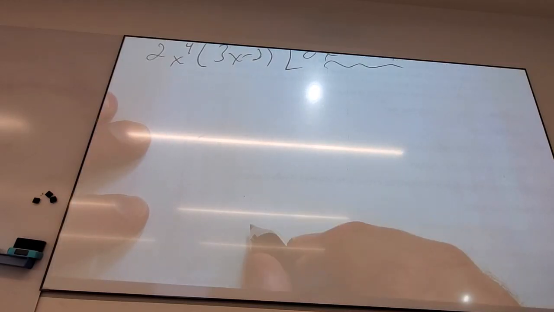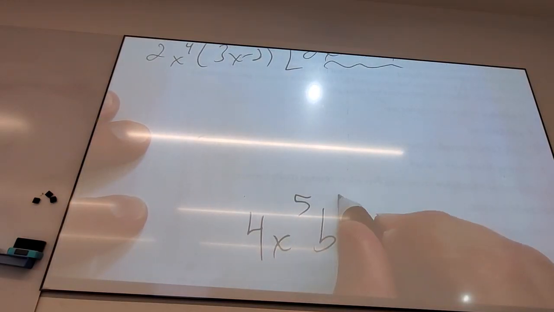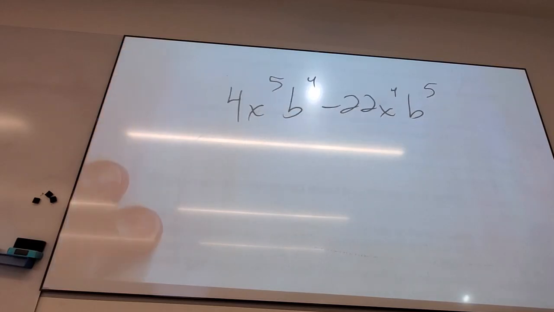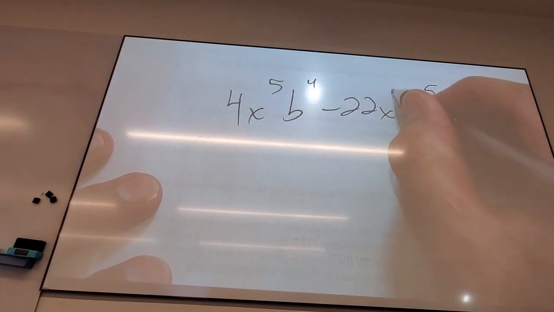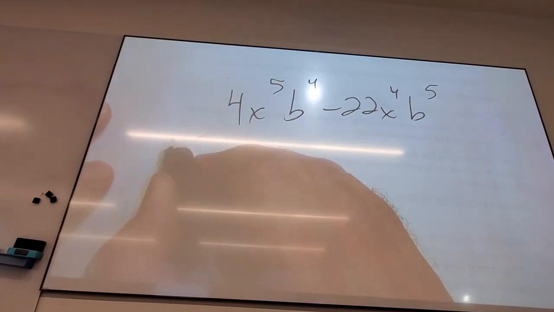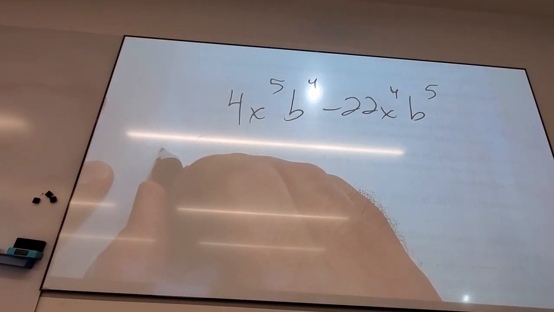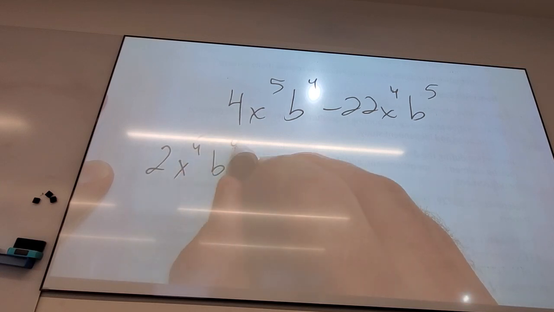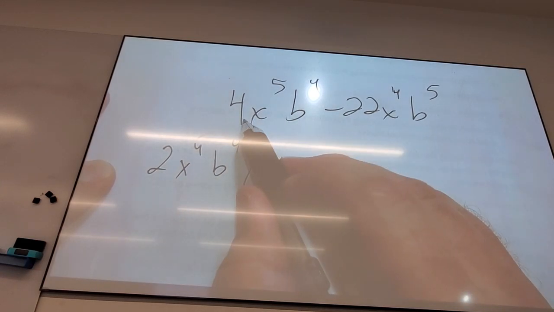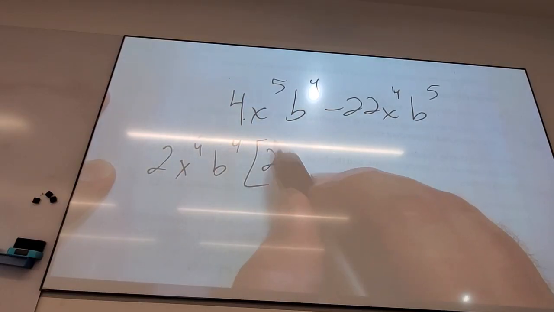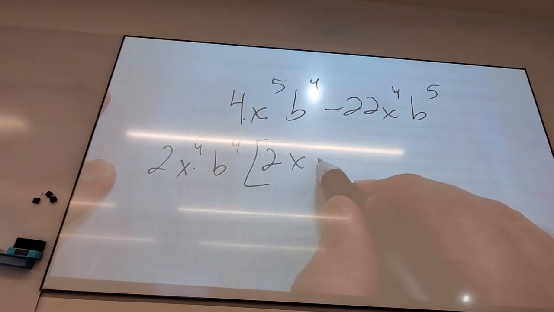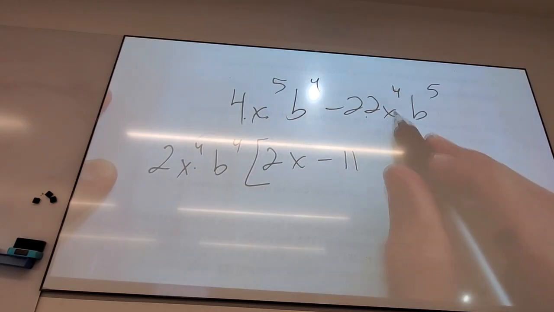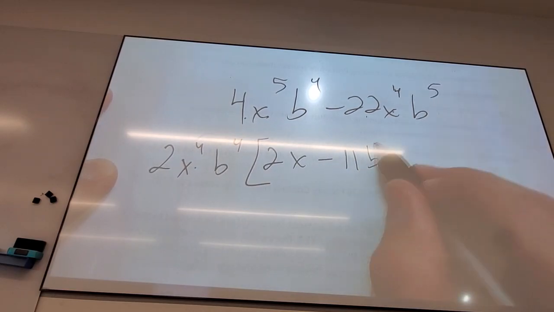Watch this. Does this look better? What comes out of this? 2 x to the 4th. And what are you left with? 2, x, x, 11, b. And 1b, yes.